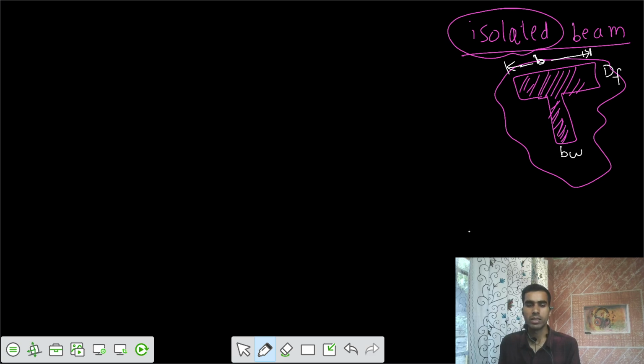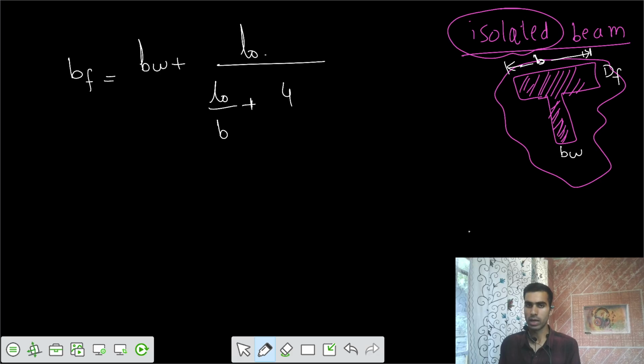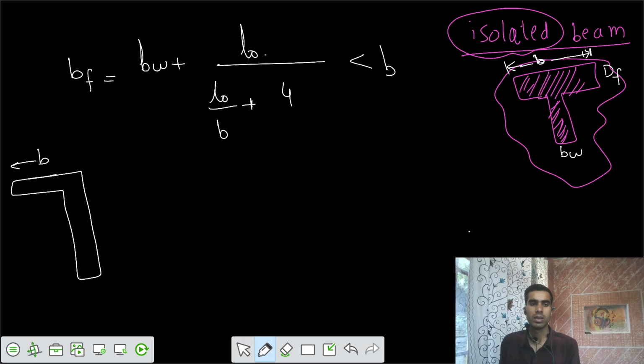So for the T beam, the effective width of the flange equals BW plus L naught divided by L naught by actual B plus 4. This should not be greater than B; it should be less than B. And similarly for the L type, there's some actual B, some width BW for the web, and some DF also.